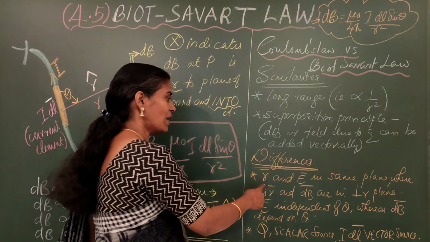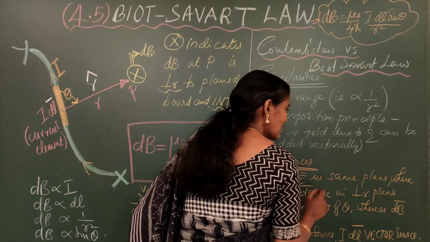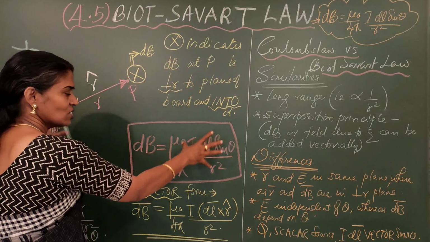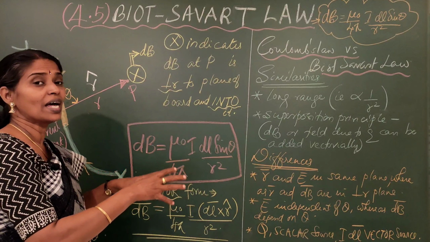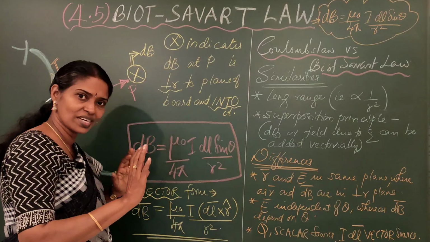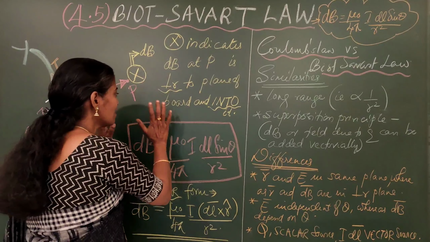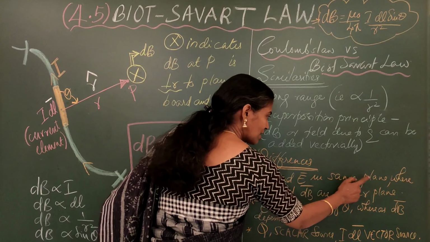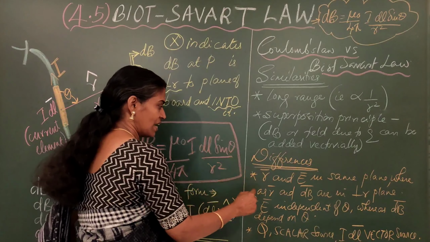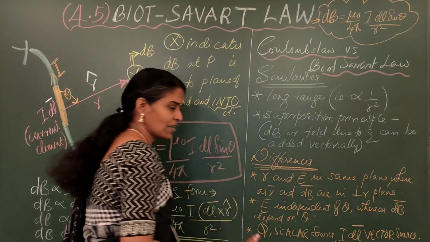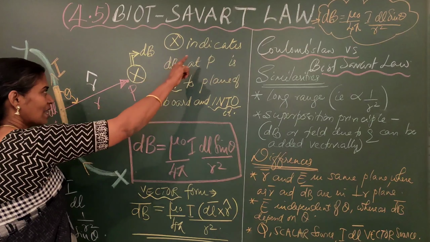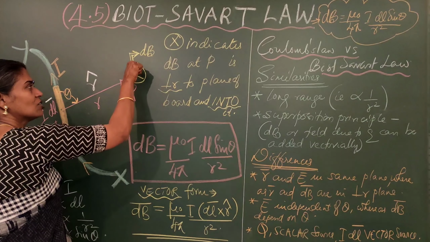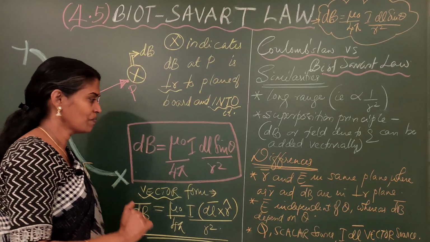If these are the similarities, a few differences are there. What are they? One, r and E are in the same plane. If you have a charge here, around the charge you have the electric field, expanding in circles again, in the plane of the board itself. So r and the electric field are in the same plane, whereas r and dB are perpendicular. Just now I have shown this is the direction of r. What about dB? It is perpendicular to the plane of the board.